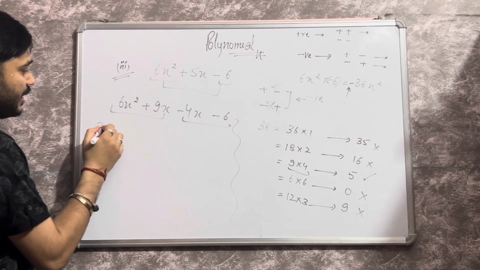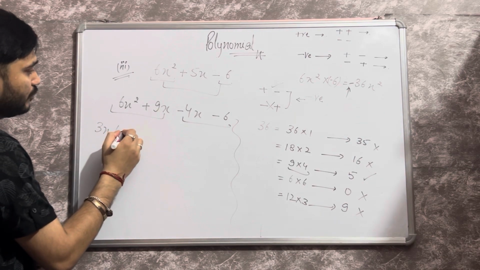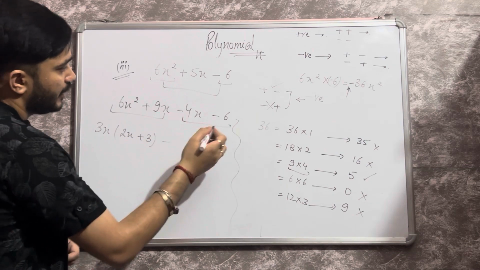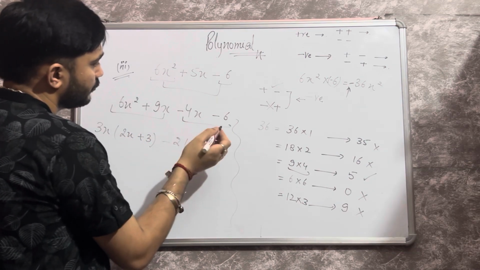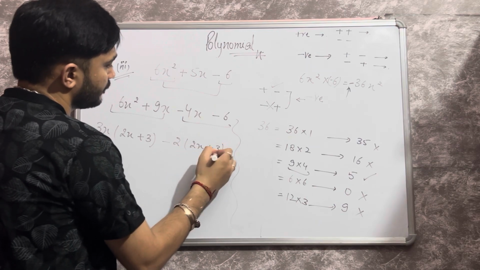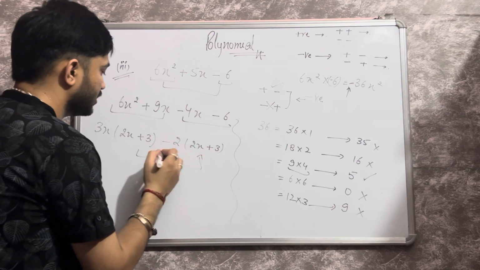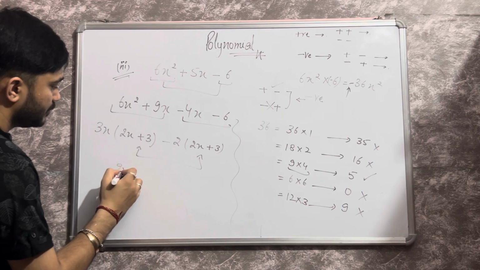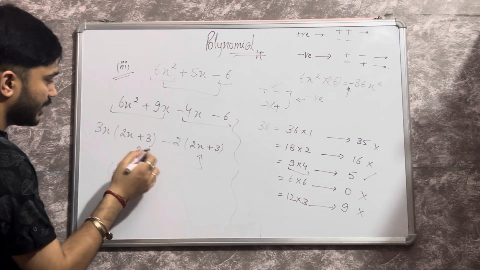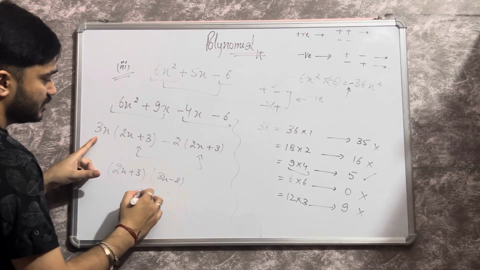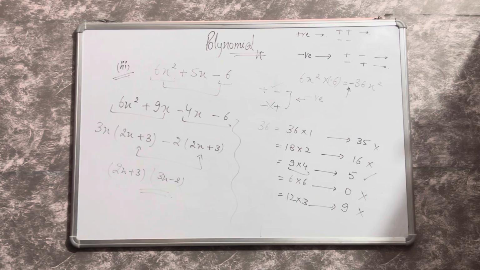You will get 3x as common, and here you are being left with 2x plus 3. Take 2 common from this and you are being left with 2x plus 3. Since both of these are same, our answer will be 2x plus 3, that is the number in the bracket, and 3x minus 2. This is our answer. Any doubt?